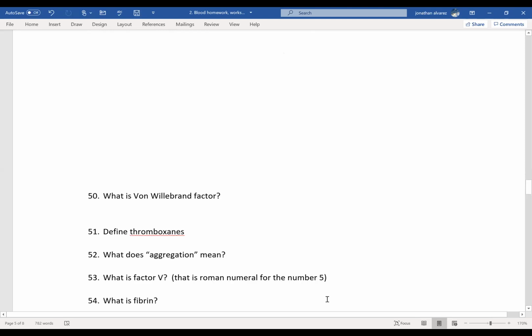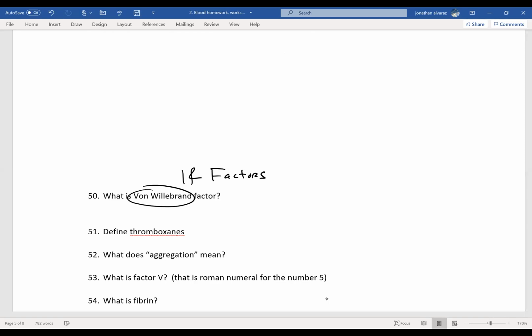Okay, we have, I think, 14 different factors in the body. Von Willebrand is one of those factors. All the factors are named factor 1, factor 2, all the way to factor 14.